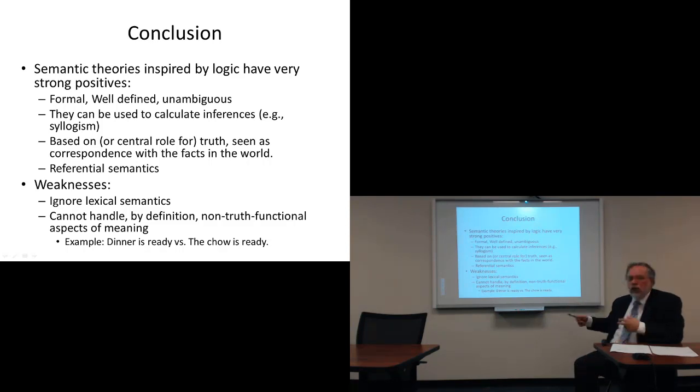Now, this can be used jokingly, ironically, etc. But literally speaking, if you say the chow is ready, the assumption is that the food isn't very good. Whereas with dinner is ready, there is no such assumption. So the meaning is slightly different, and we're going to talk about the difference here. But the truth of the two statements is exactly the same. All right. So here we're going to pause.